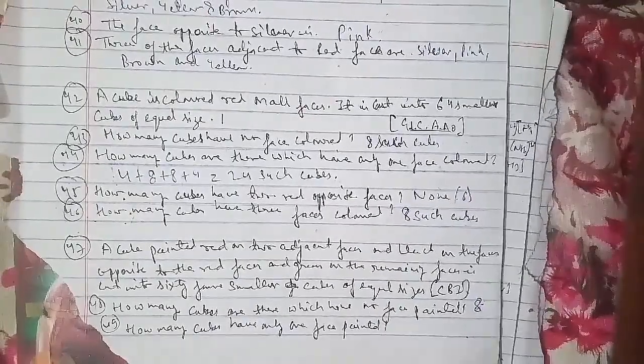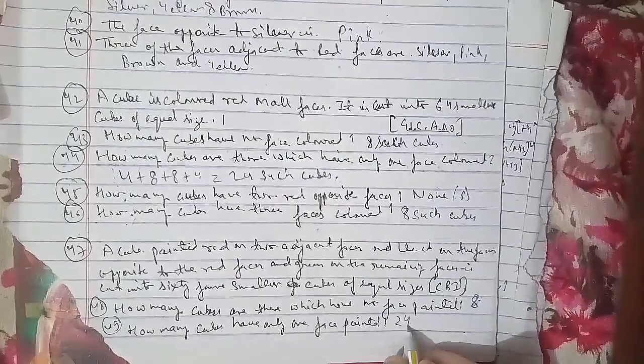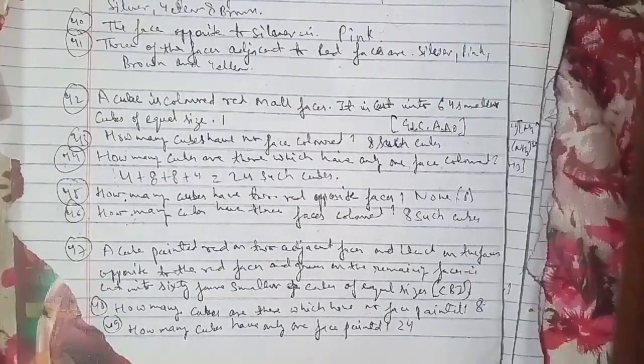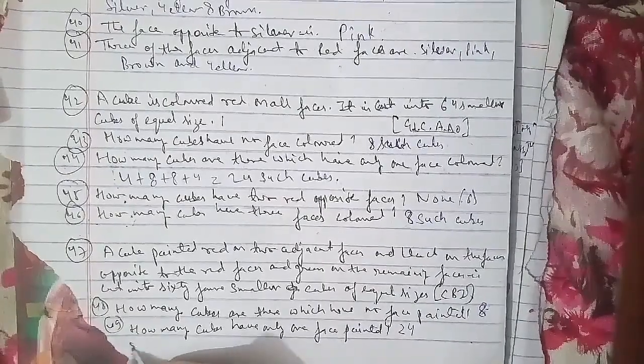The options for the same are 8, 16, 24 and 32, and for the same we'll talk about it. That is, there are 24 cubes having one face painted here. We'll go ahead for the next one, which has been your 50th question of the session.